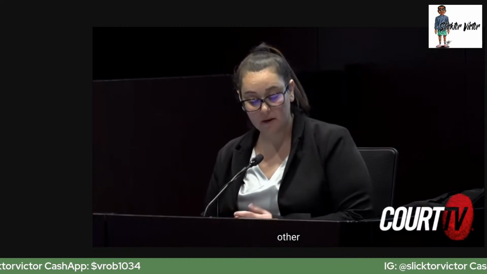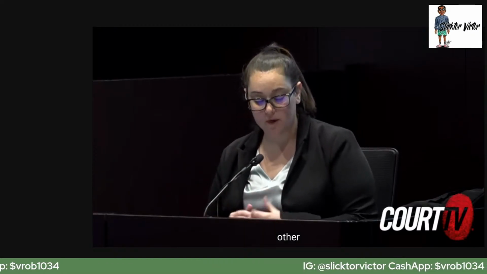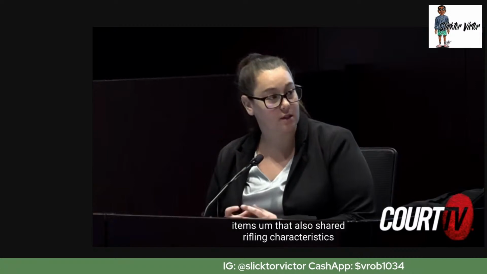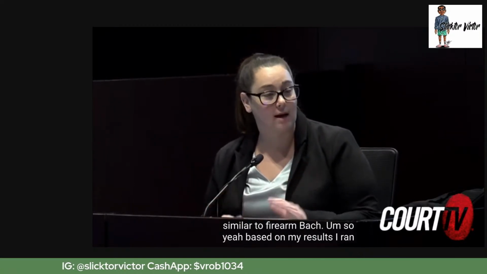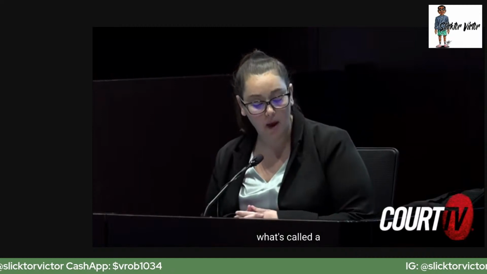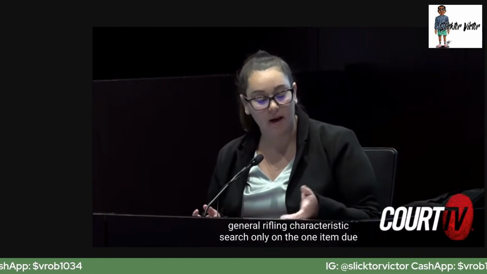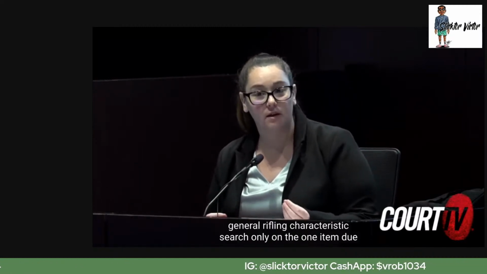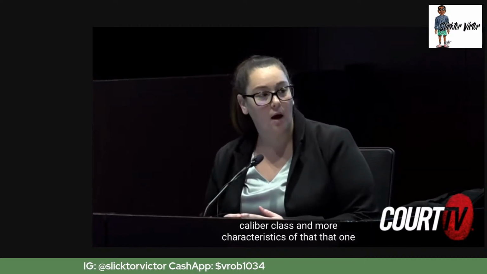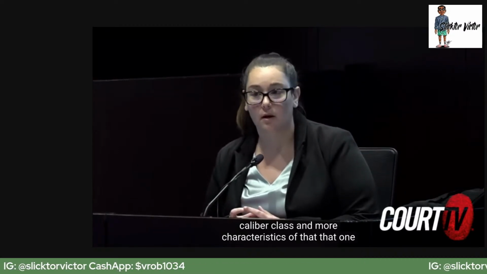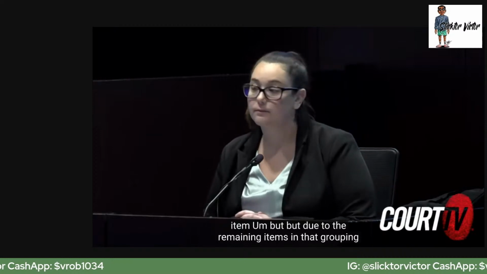Based on my results, I ran what's called a general rifling characteristics search only on the one item, due to I was able to determine caliber class and more characteristics of that one item. But due to the remaining items in that grouping having the polygonal with rails type of rifling, that is generally consistent with Glock style firearms as well.